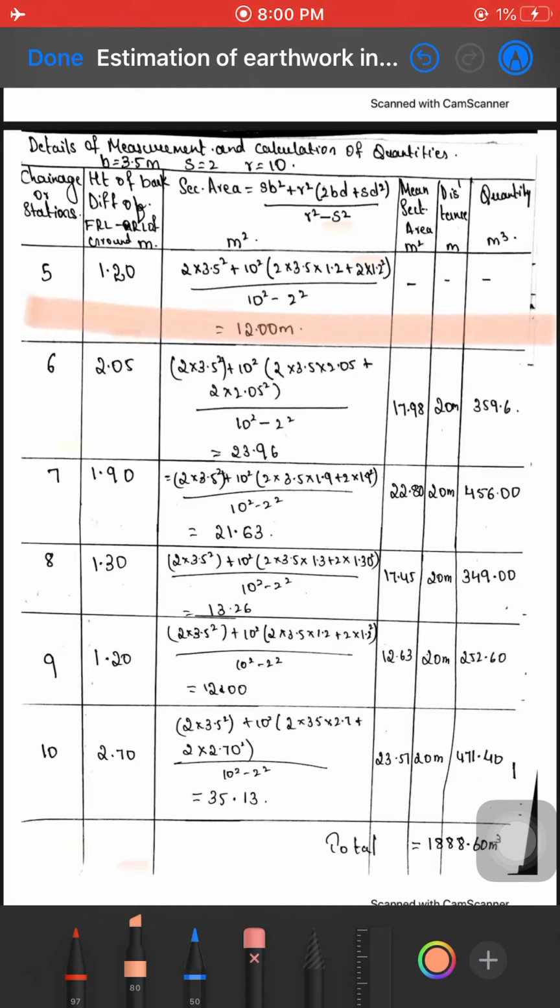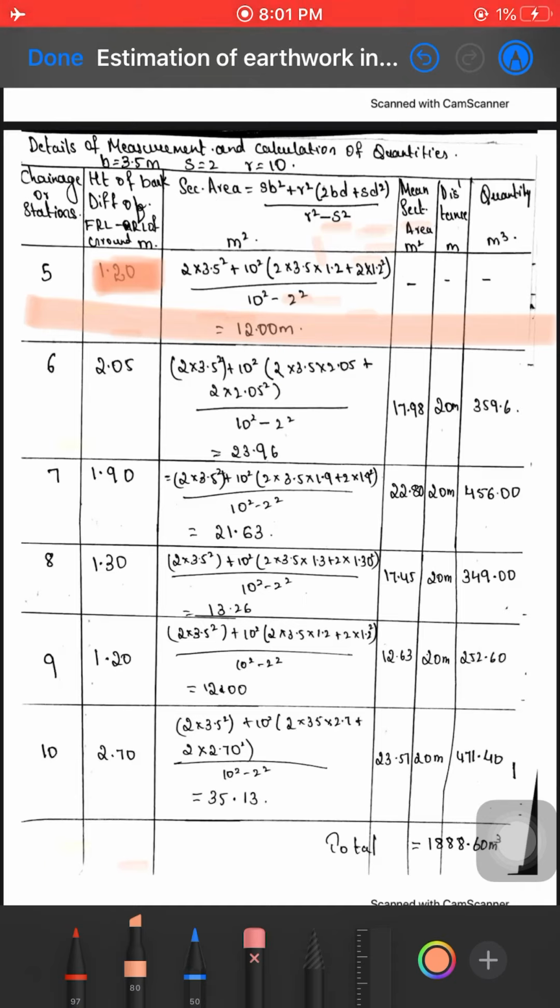For the fifth chainage, S is 2, B is 3.5, so SB square plus R is 10, 2BD, 2 into 3.5 into D, which is this depth, plus S into D square. S is 2, D is 1.2 square, divided by R is 10 and S square, S is 2.